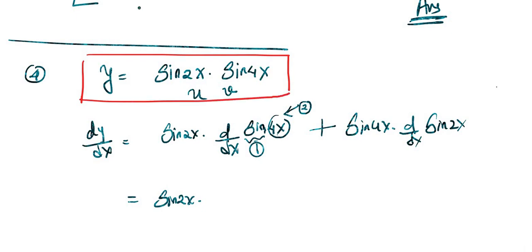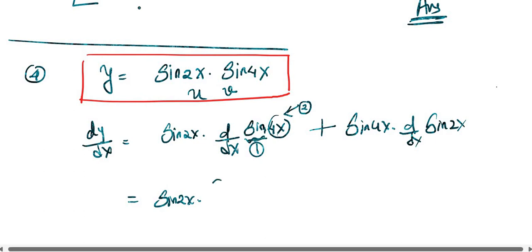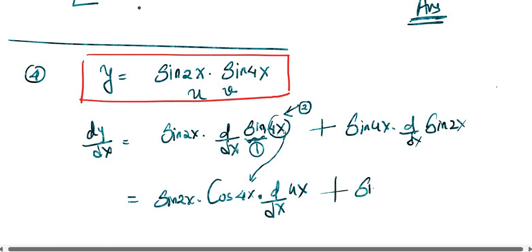So here the derivative of sine will be cos 4x by chain rule. The second I will copy as it is, I'm not going to differentiate it. Now I will differentiate by chain rule, into d by dx of 4x, plus sine 4x as it is. In this also there are two functions. One is sine, which is first, and this is second.